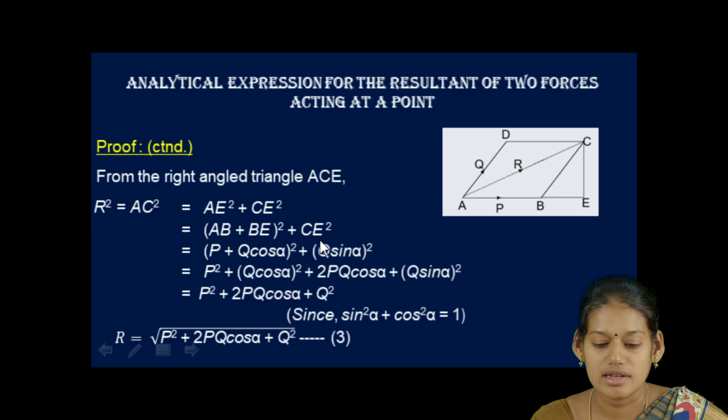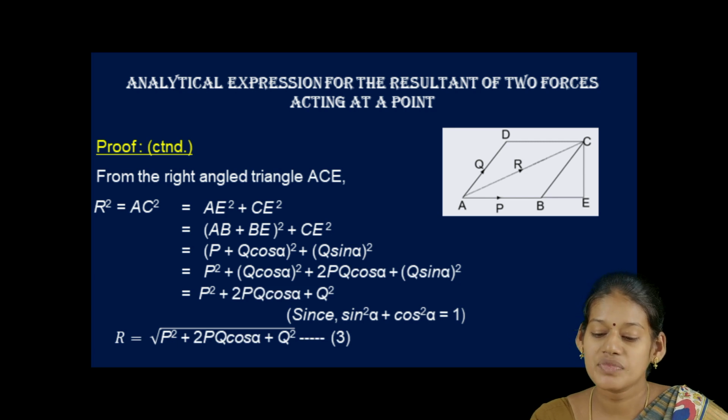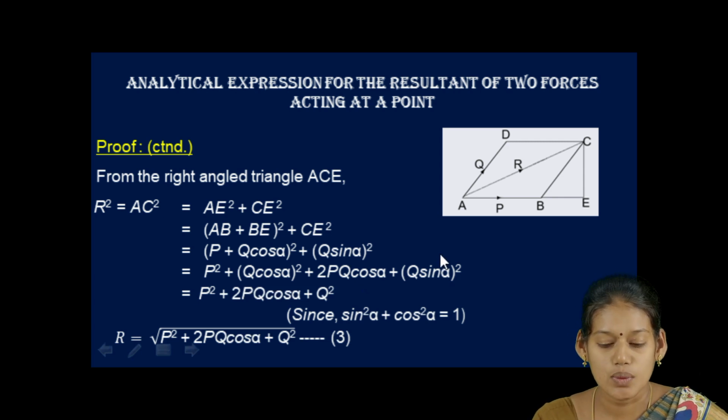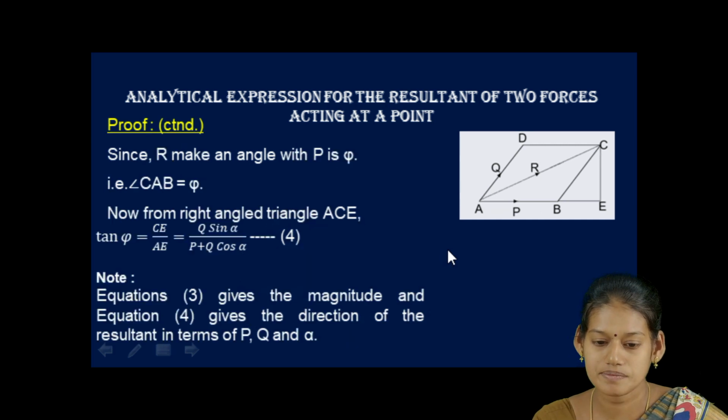So we write it as (P plus Q cos alpha) the whole squared plus (Q sin alpha) the whole squared. Expanding and simplifying, we get P squared plus 2PQ cos alpha plus Q squared, since sin squared alpha plus cos squared alpha is always 1. So R squared equals P squared plus 2PQ cos alpha plus Q squared, and R equals the square root of P squared plus 2PQ cos alpha plus Q squared.